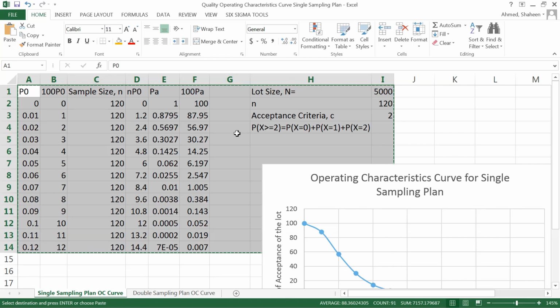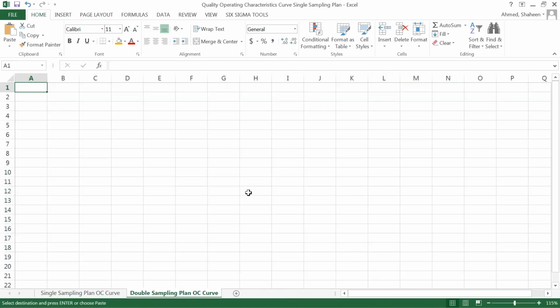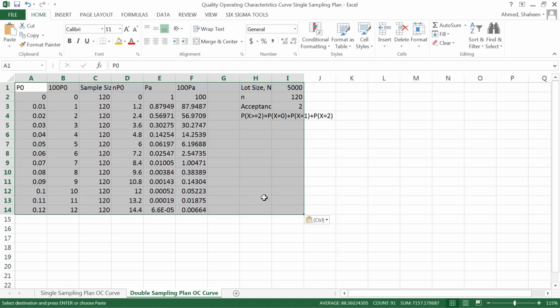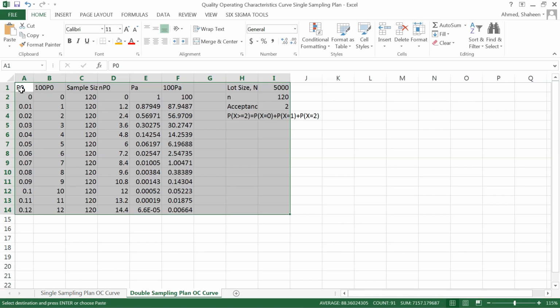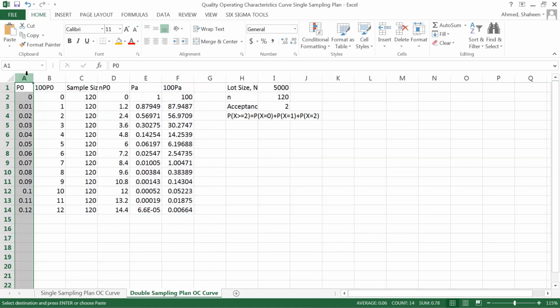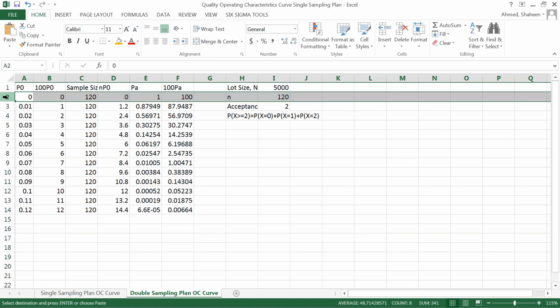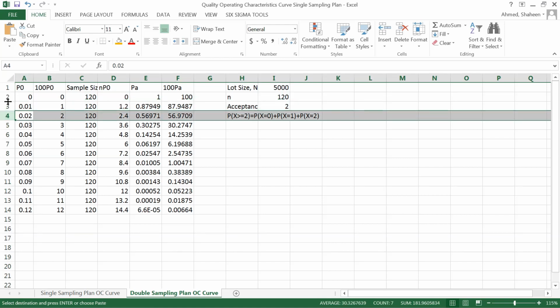So what I'm going to do is copy all that single sampling stuff to this double sampling plan, because a lot of this is going to be the same. The historic probability in the lot, this column basically represents the number of defectives in the lot. So this 5,000 lot that we are producing, historically it has these numbers, which I made up. What if the probability is 0?